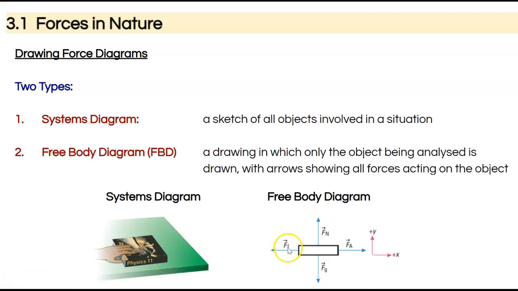Whereas a free body diagram, usually we will use a square or a rectangle to represent the object that is experiencing some forces acting on it. And what we do is we will write out vectors in the direction that the forces might be acting. So for example, if we consider this physics book being pushed across a table, then we can think about the forces that are acting on that textbook.